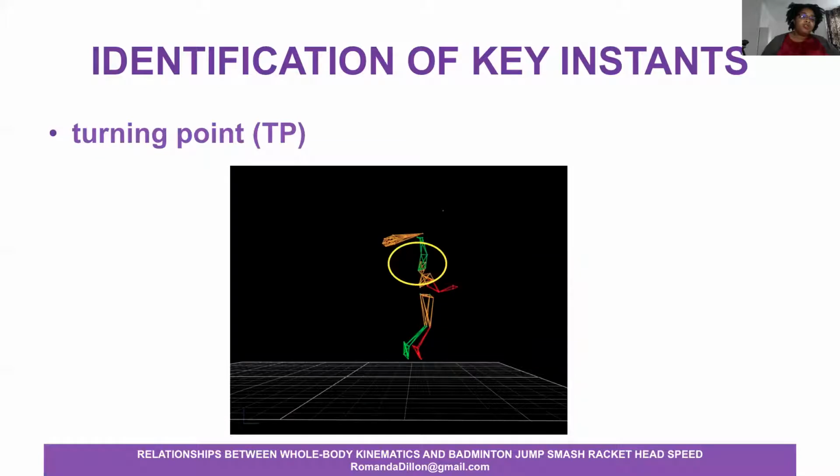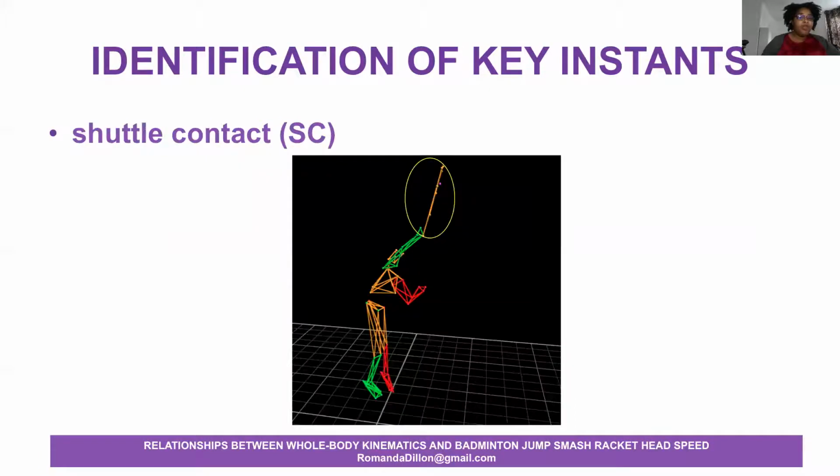Turning point was the point that occurred after the racket lowest point, at which the racket head velocity, normal to the stream bed, became positive. And the shuttlecock contact was the closest motion capture frame to the previously defined instant of racket and shuttlecock contact.